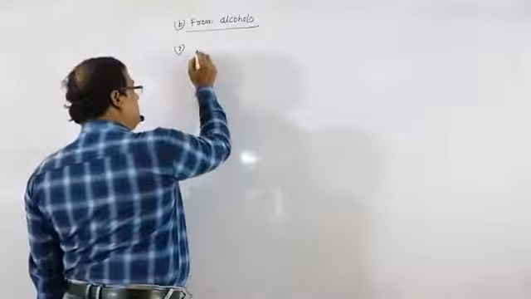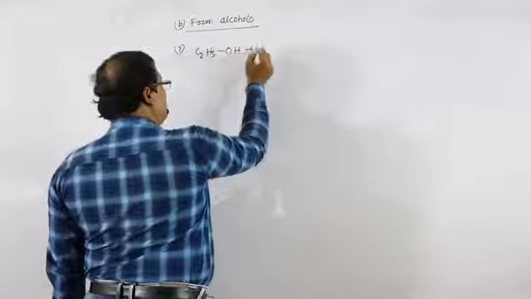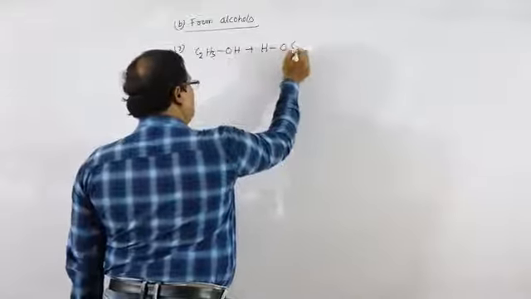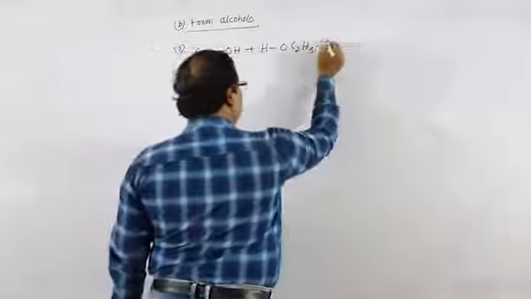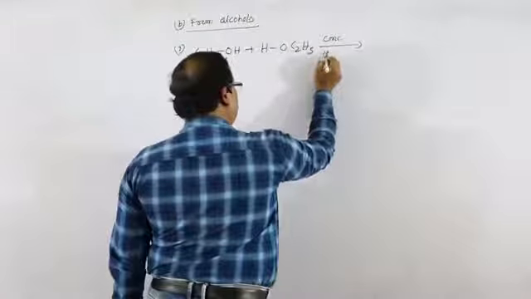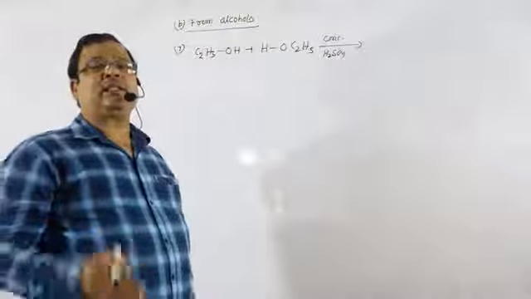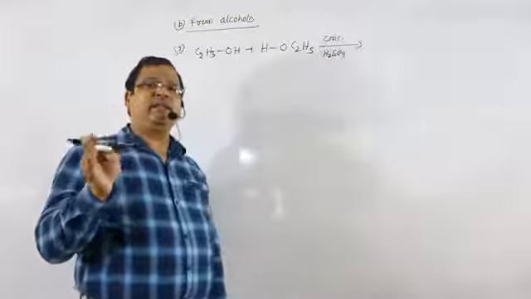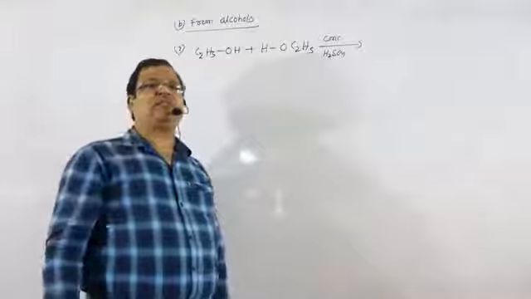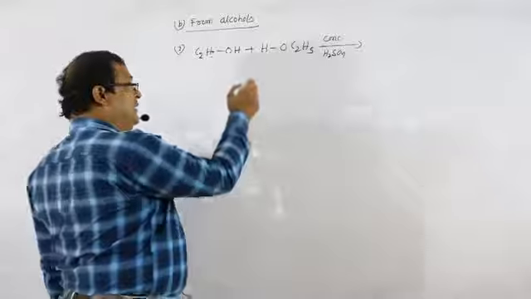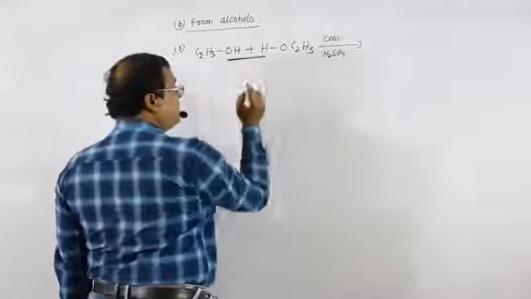For example, C2H5OH plus HOC2H5, that is ethyl alcohol, treated with concentrated H2SO4. Concentrated sulfuric acid is an example of a dehydrating agent, having the ability to remove water molecules from the system. The H part of one alcohol and the OH part of another alcohol combine to form water.